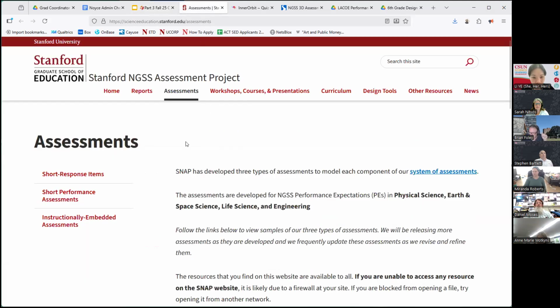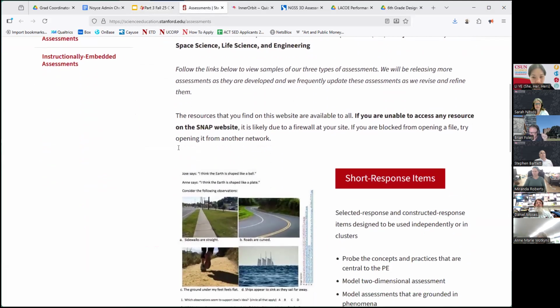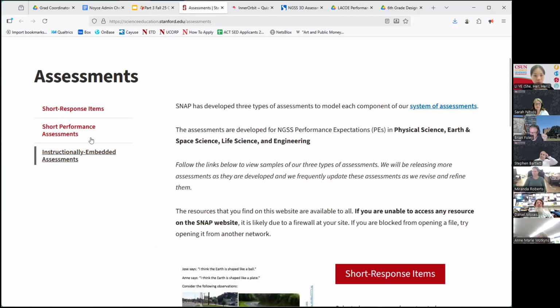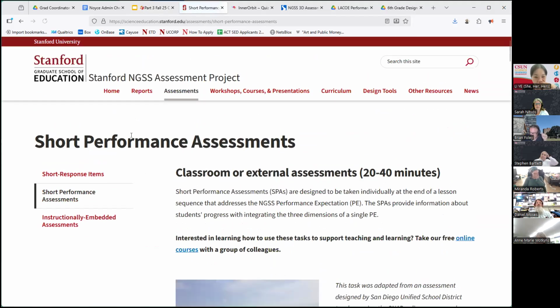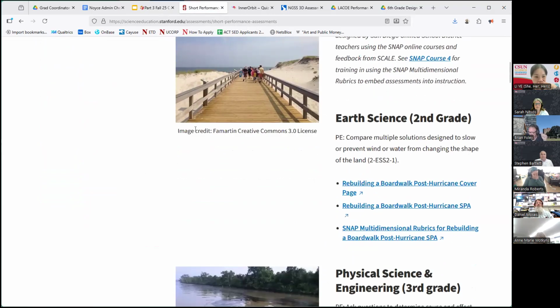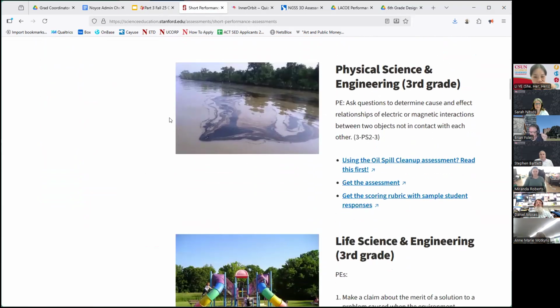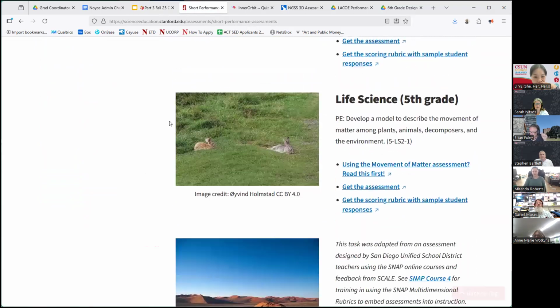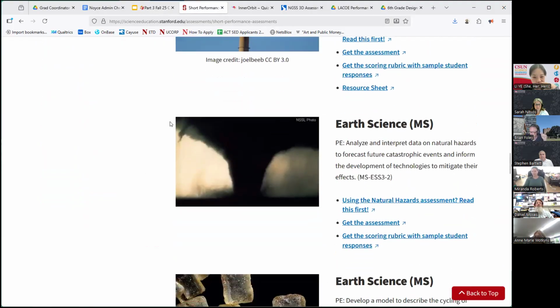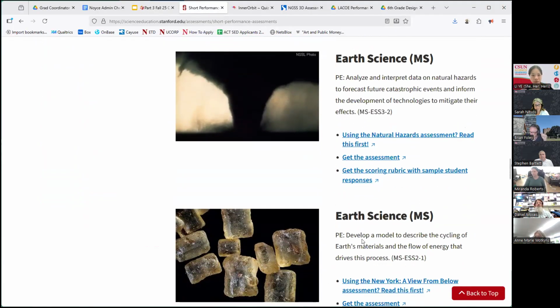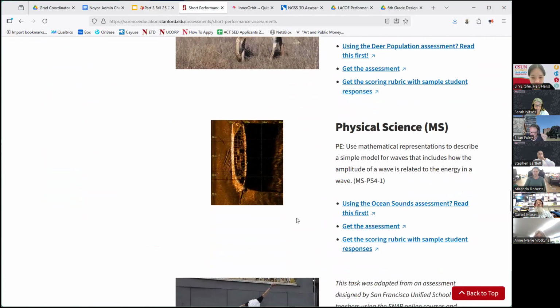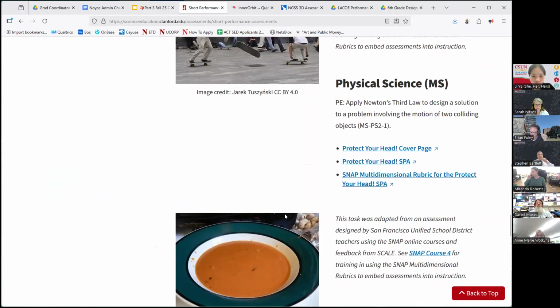I'll just give you a quick intro here. This is the SNAP webpage. Since we're talking performance assessments today, let's take a look at one of those. They're organized by grade level, with a lot of elementary school ones, and then earth science for middle school, physical science, and a couple of different life science ones.